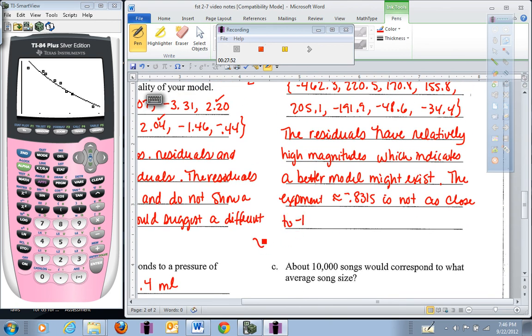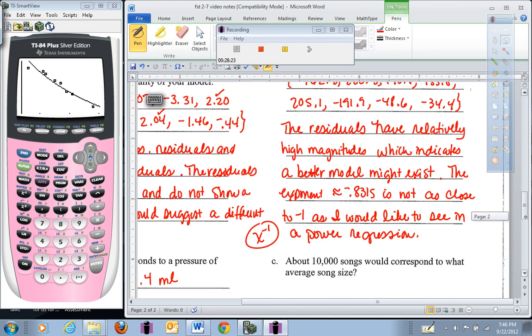We would like to have x to the negative first power, as I would like to see in a power regression. Does that mean that our model is completely bogus and we can't use it? No, we can still make predictions off the model.